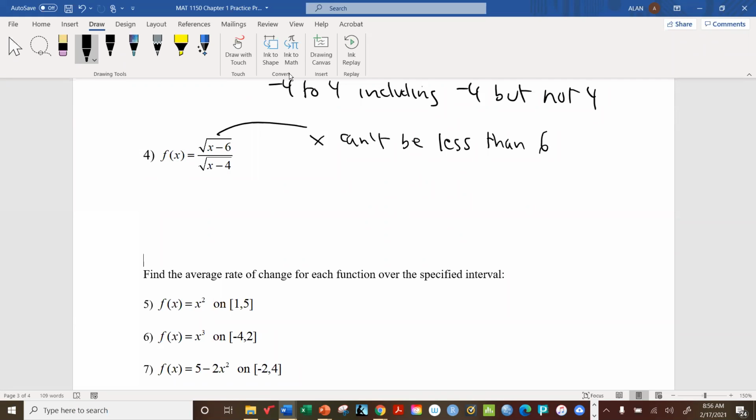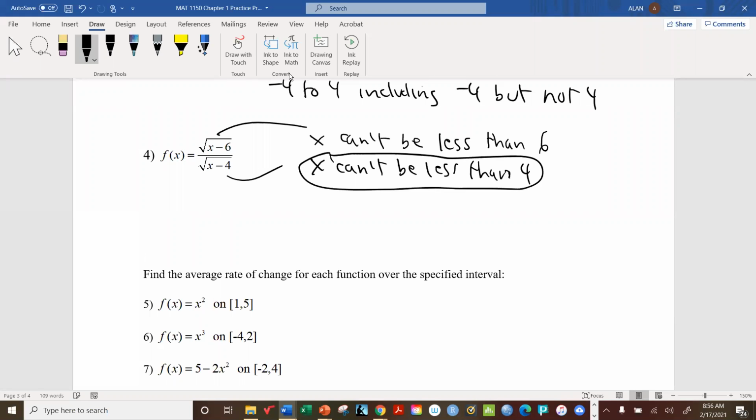And in the denominator, x can't be less than 4. So that actually includes the one on top. If we can't be less than 4, we also can't be less than 6. So really, there's only one constraint, and that's it. So it'll be 4, infinity. And that's it.